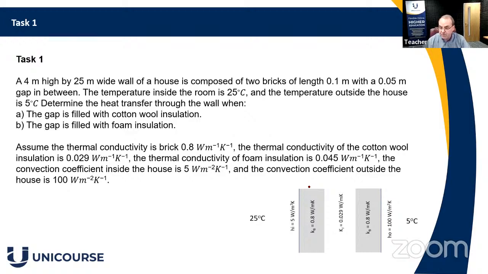What we have here, we have the brick, and we have the outside brick. We have the inside temperature, which is given at 25, and the outside temperature at 5 degrees C. We're given a thermal conductivity for the brick. So write it down on the sketch.